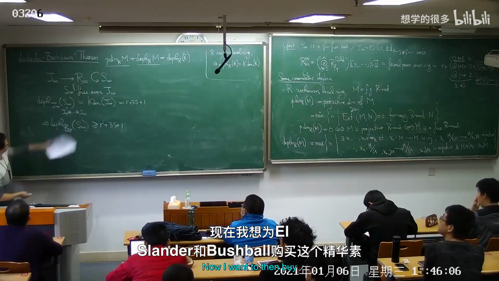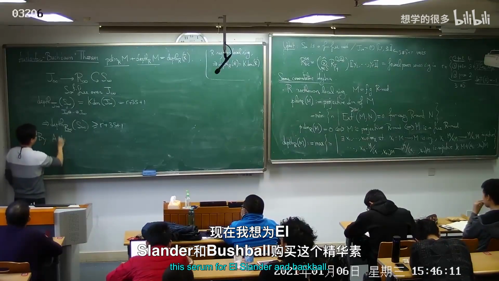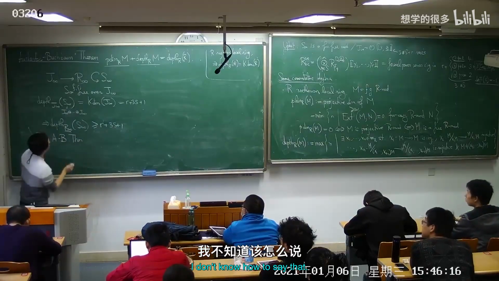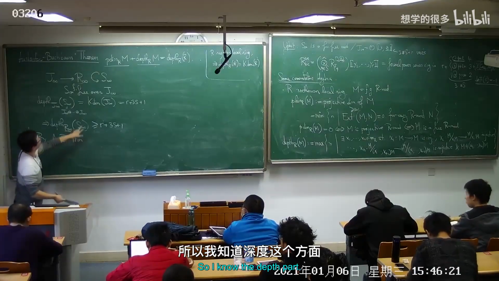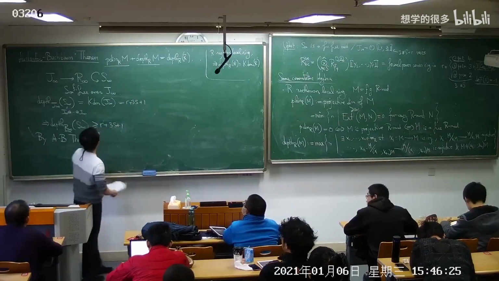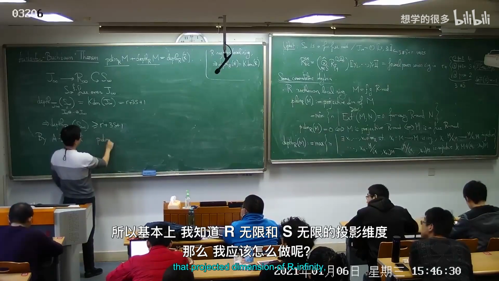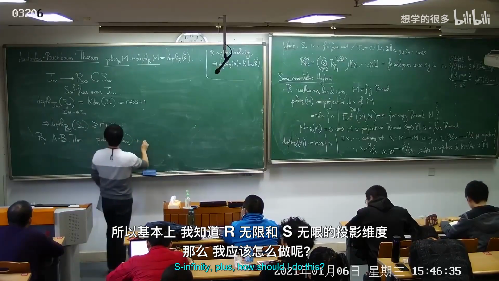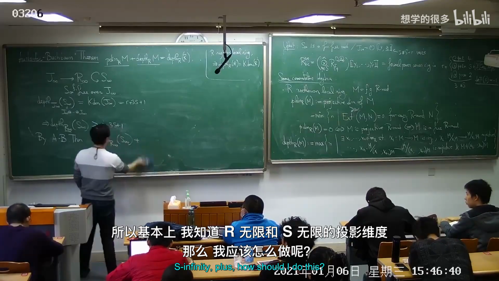Now I want to use this theorem by Auslander and Buchsbaum. I don't know how to say that. What do I know? I know the depth of R infinity. So I know the depth part. This depth part is R plus 3s plus 1. It's at least that much. So basically, I know that the projective dimension of S infinity over R infinity, plus... how should I do this?